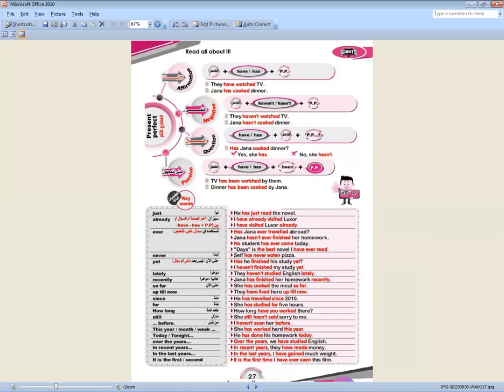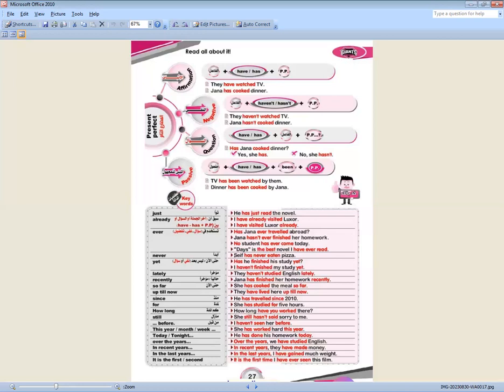They have watched TV. Here we have watched. And Jenna has cooked dinner, has cooked. For the negative form, we use haven't and hasn't plus the past participle. They haven't watched TV. Jenna hasn't cooked dinner.